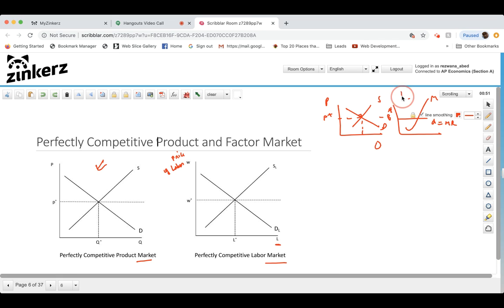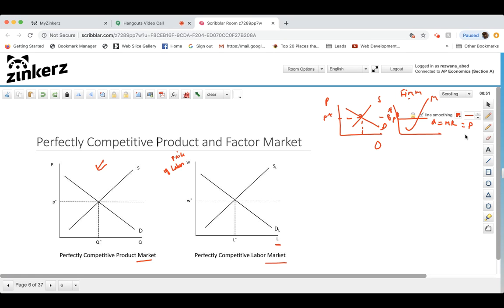For individual firms in perfect competition, they're price takers, and their demand is equal to their marginal revenue. That means that for every additional unit they sell, the marginal revenue is always going to be equal to the price, because the price is fixed. It's a constant number.